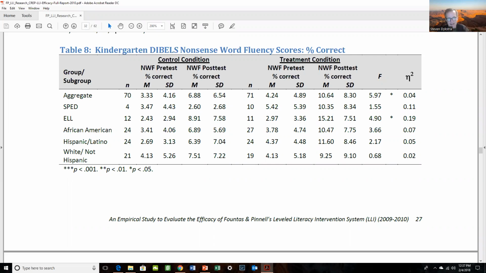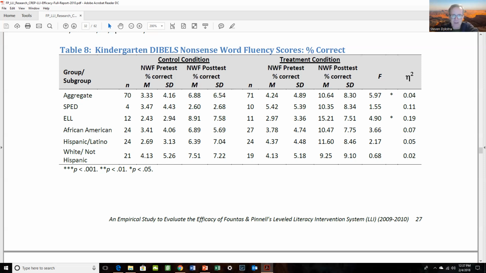In this case, one asterisk means it was significant at 0.05. If there were two asterisks, that would mean that we're even more confident something happened. 3 asterisks, really, really confident that something happened. I'll clue you in on something. In my dissertation, I had p-values that were 0.00001. I got some huge effect sizes in some of the things I did. I got some huge results in some of the things I did.